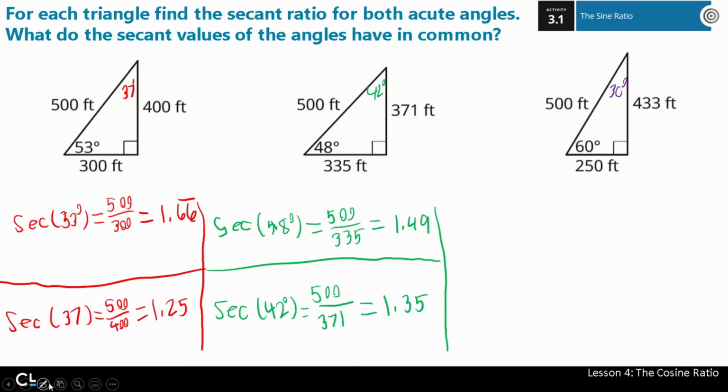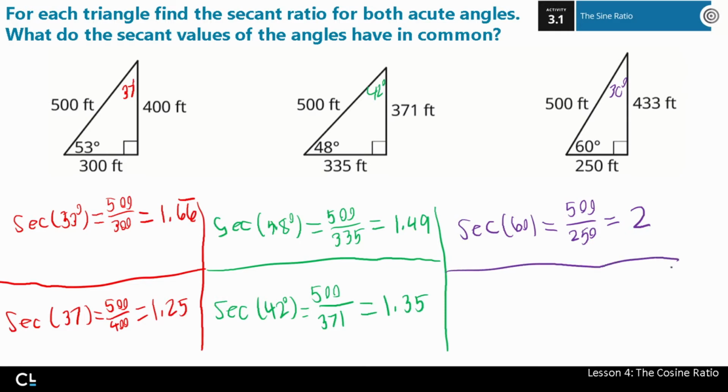And last triangle. Secant of 60 degrees. It's going to be 500 divided by 250. This one's very easy. It's 2. Next up, the secant of 30 degrees.